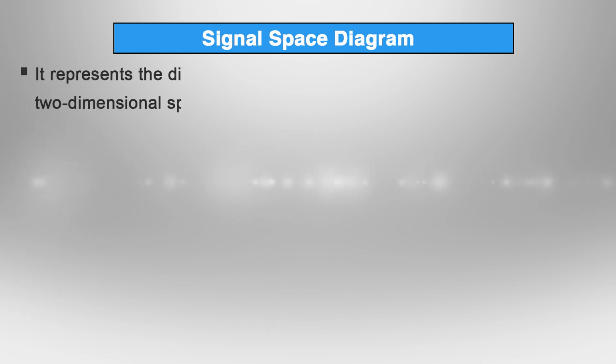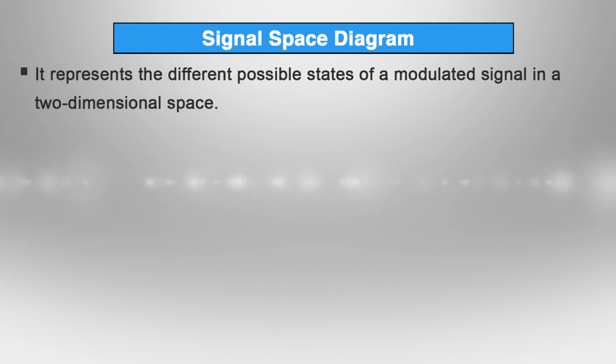Now, next is signal space diagram. In digital communication, a signal space diagram typically refers to a constellation diagram that visually represents the different possible states of a modulated signal in a two-dimensional space.